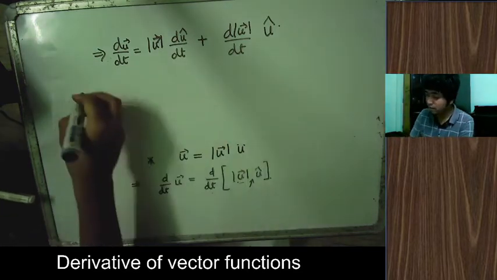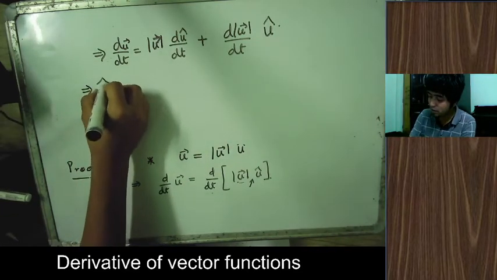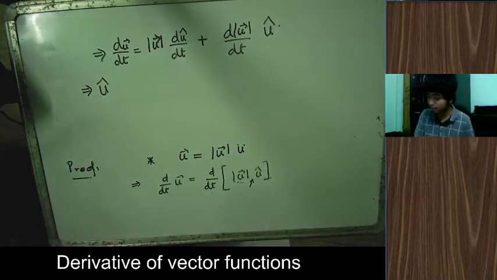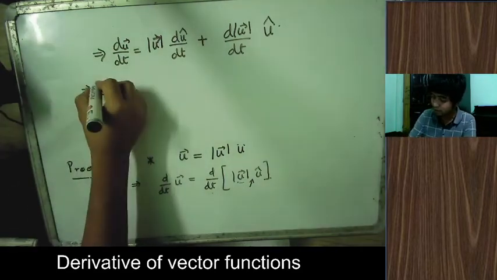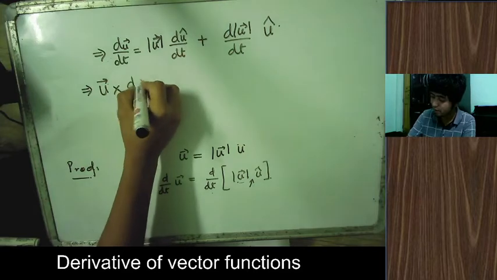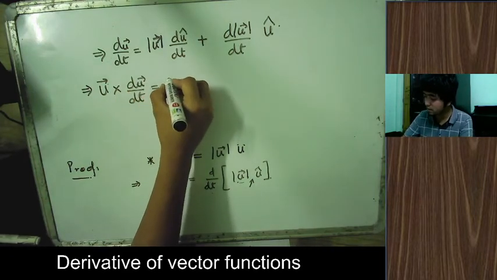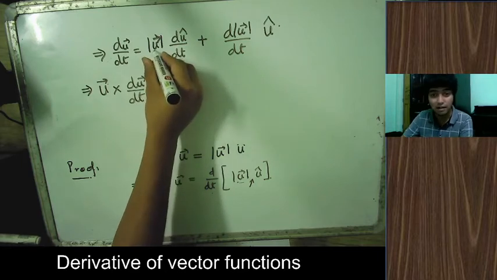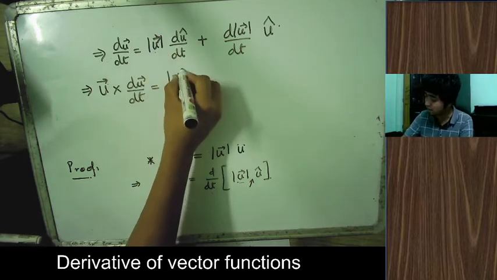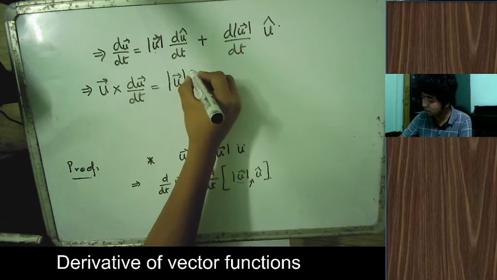Now we take the cross product with u from the left hand side. The scalar magnitude can be taken to the front.